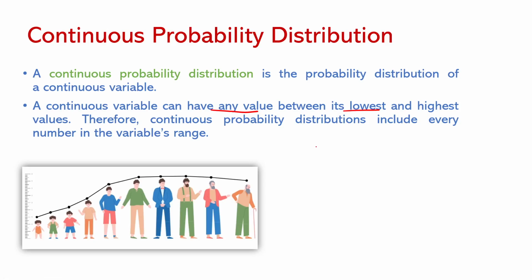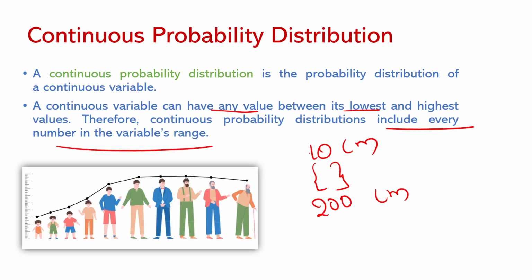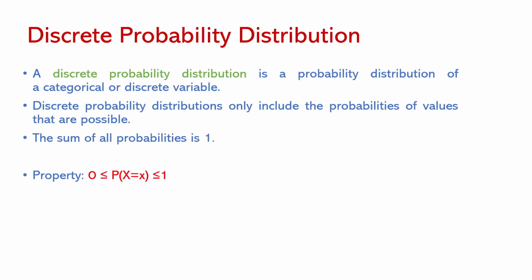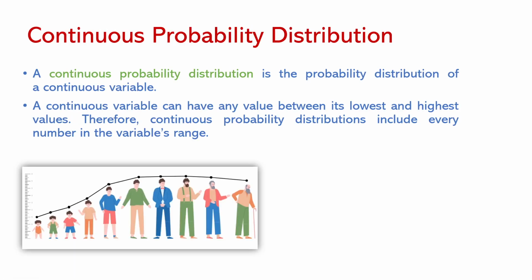Generally if you say height is from 10 centimeters to 200, it can have any value between this range. Therefore, it includes every number in the variable's range. Every possible number is included in the continuous probability distribution, right. So this is about discrete and continuous probability distributions.